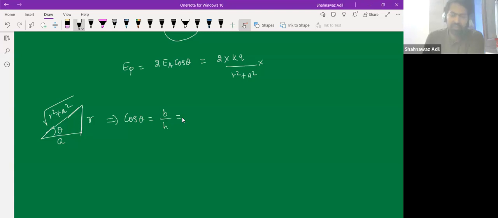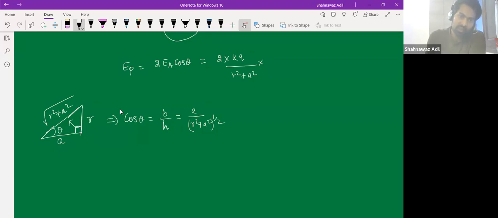Yes, sir, it is the base, so A by hypotenuse, A by root of R square plus A square. So I can write it like this. Right, this is cos theta.